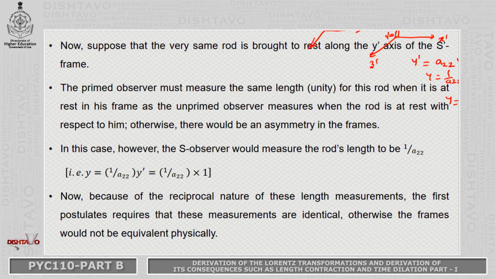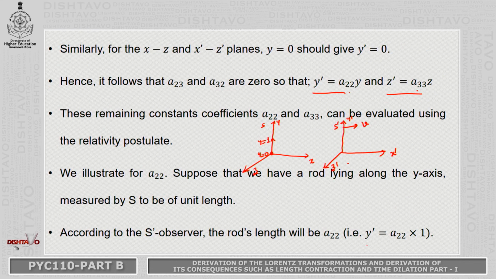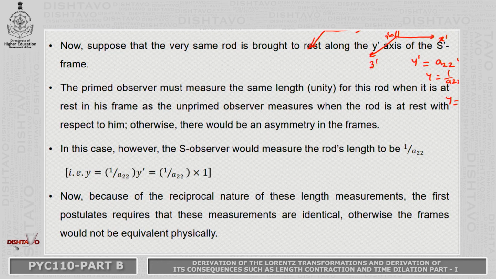Okay, so there is a problem here. When the rod is kept in the S frame, its length is measured by the moving observer as a22 times 1. And if the rod is placed in the S dash frame, its length is measured by the S observer as 1 by a22 times 1.